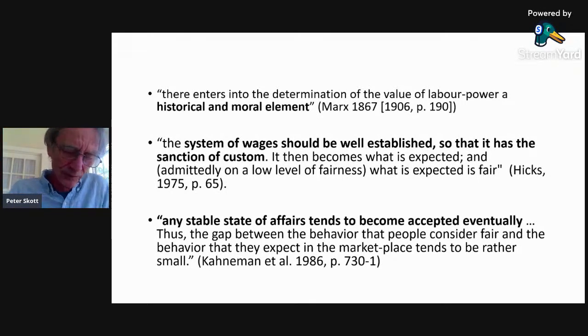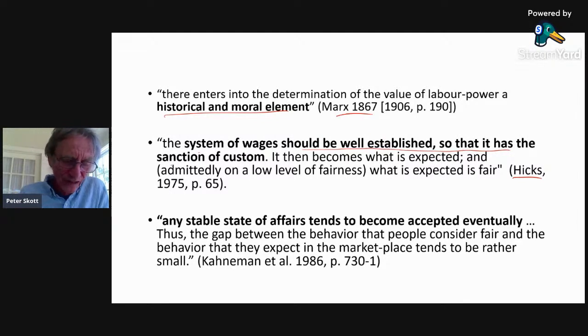I've found a couple of quotes here. I could have found many others from Keynes and Marshall and lots of other people. But Marx, back in Capital Volume 1, is quite clear that if we talk about the value of labor power, then there's a strong historical and moral element. Or I love this Hicks quote, when he says in his Crisis in Keynesian Economics book, he talks about the system of wages should be well established.